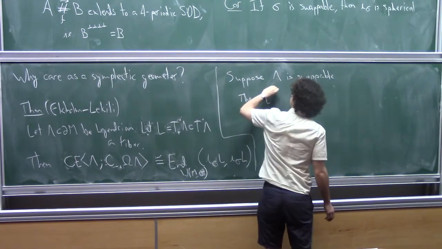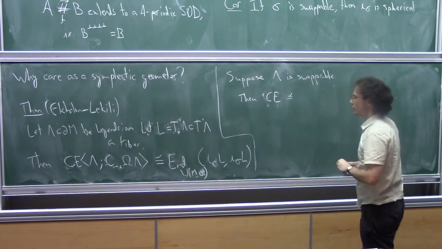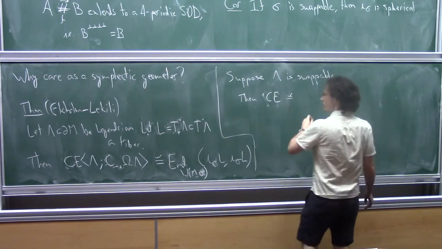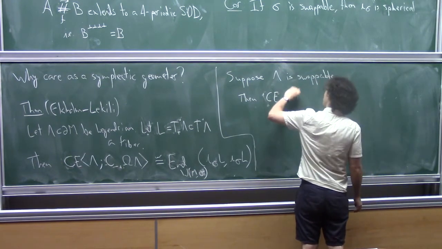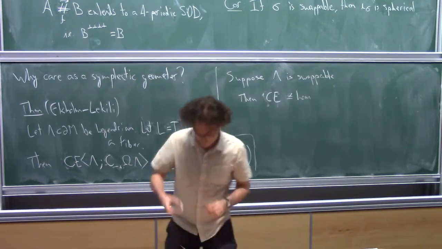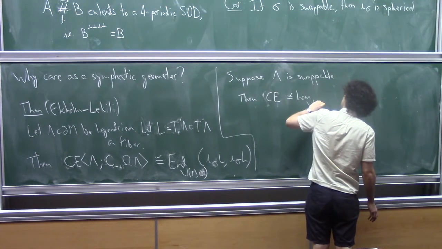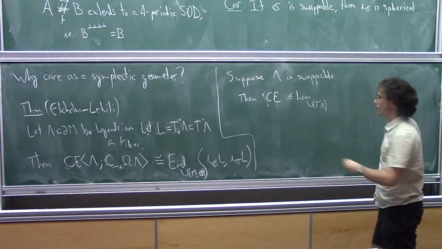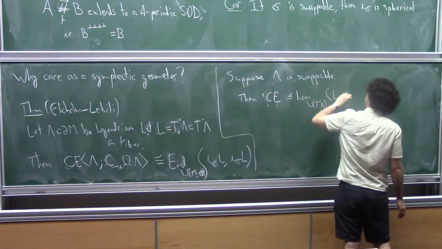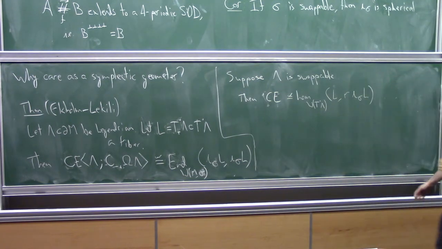Then CE is equivalent to, well, I can take, say, the right adjoint, and do a larger chunk, in W of T star lambda of L with right adjoint I sigma L.